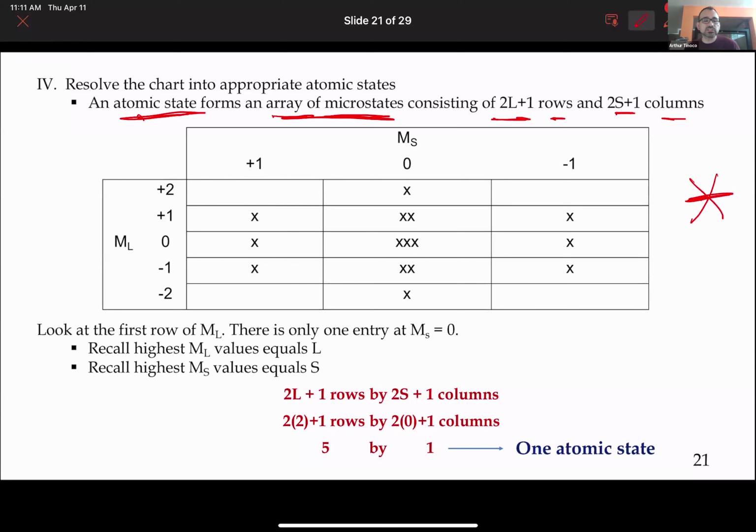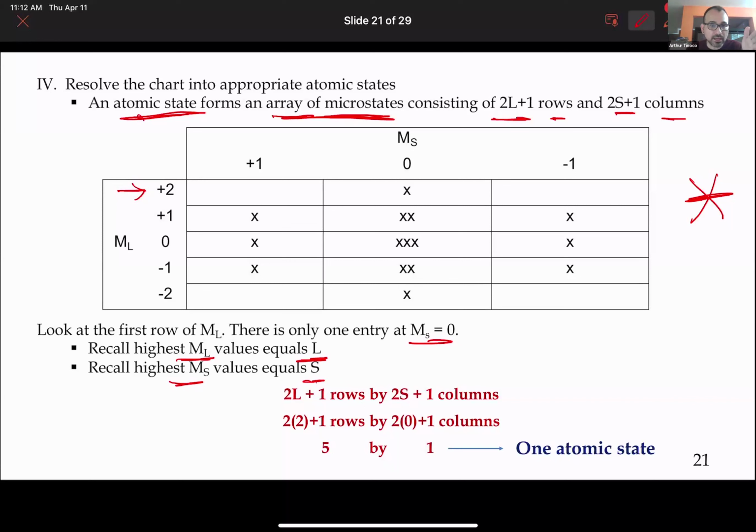I always start off, just like I did with the previous approach, by looking at m sub l of +2. A reminder for you guys that when you look at the first row, there's only one entry, with m sub s of 0. Remember that your highest value of m sub l is equal to your value of l, and the highest value of m sub s is equal to s.